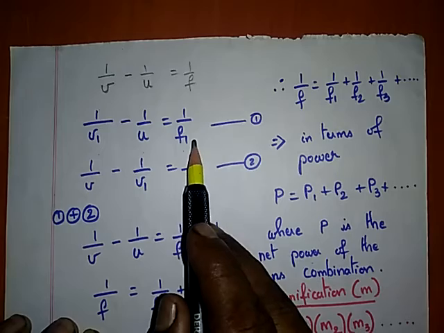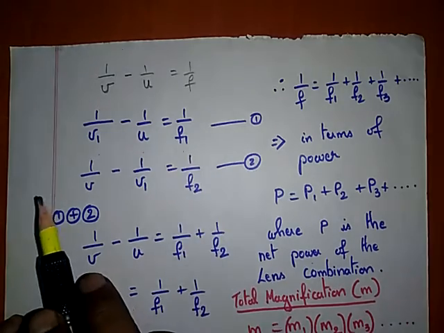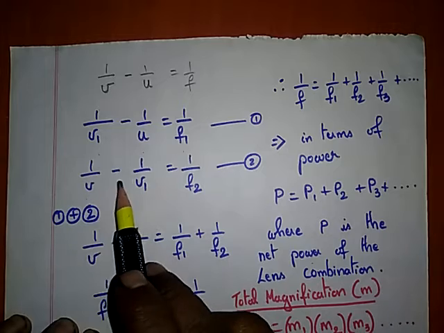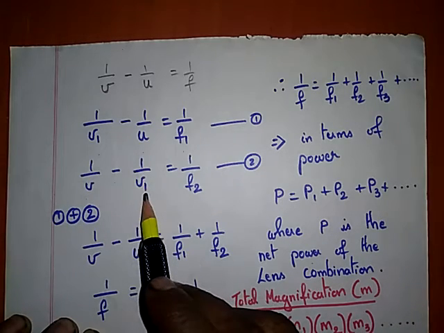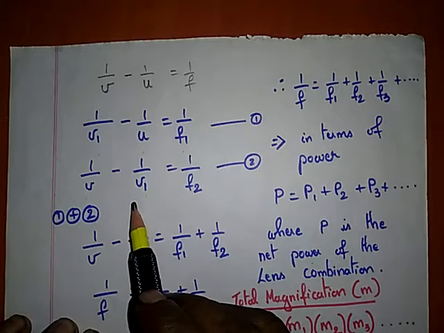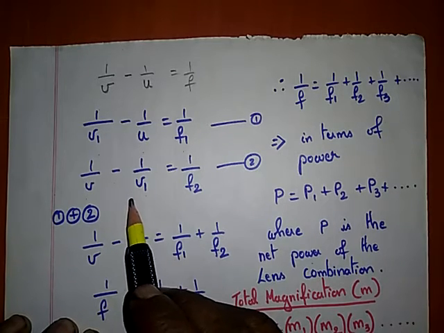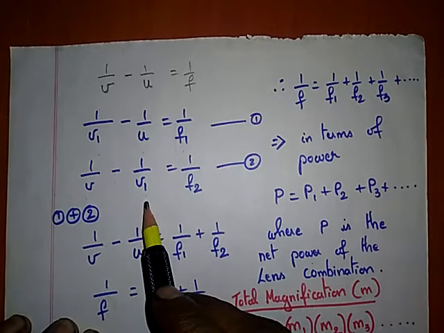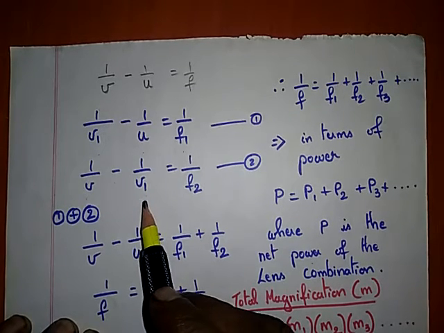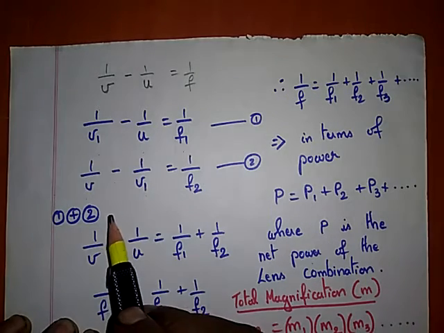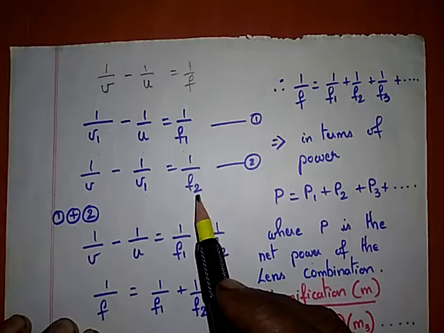This is for lens 1, lens A. 1 by V minus 1 by V1 is equal to 1 by F2, because the source object for the second lens is taken as image I1. Therefore, we take 1 by V1, which is equal to 1 by F2.